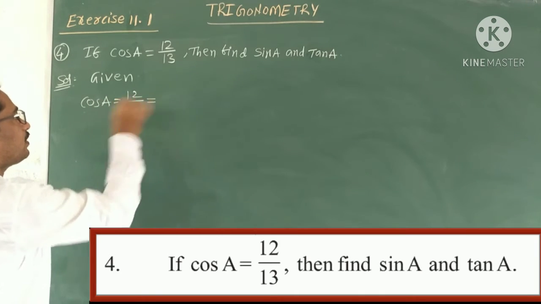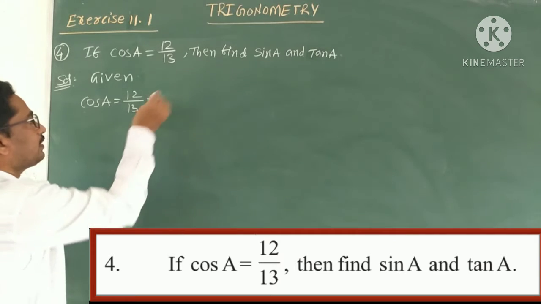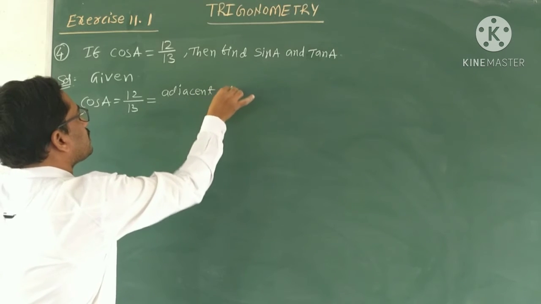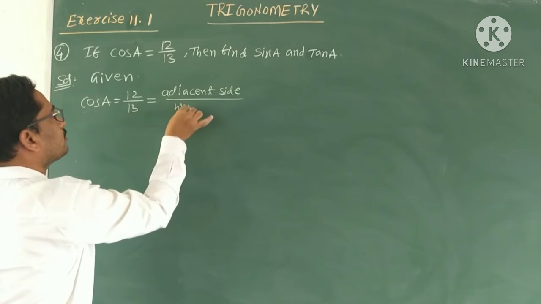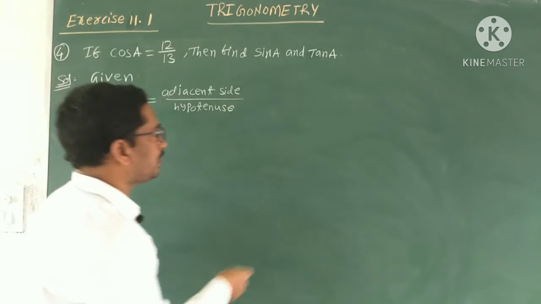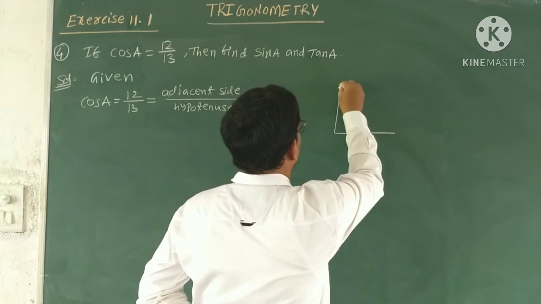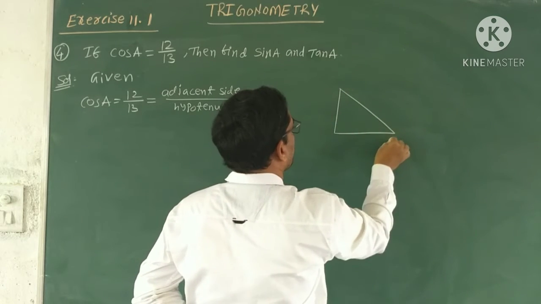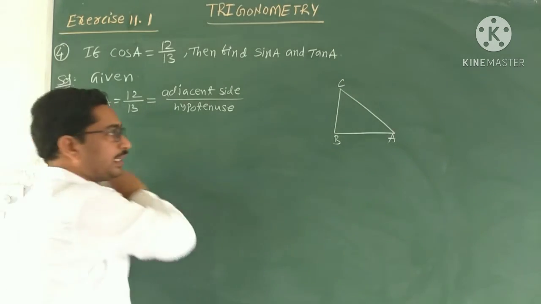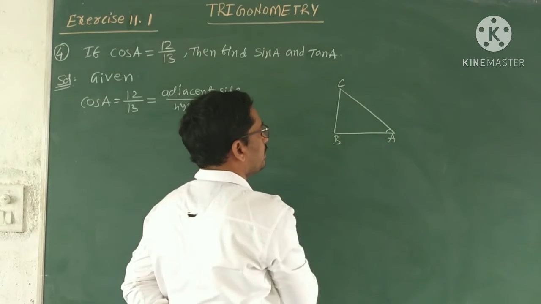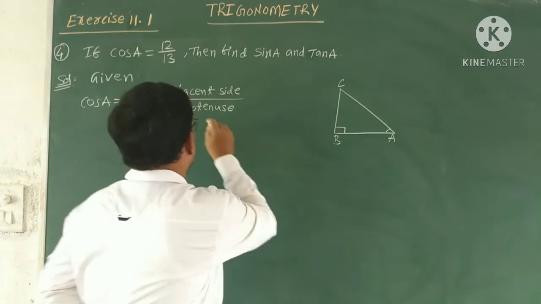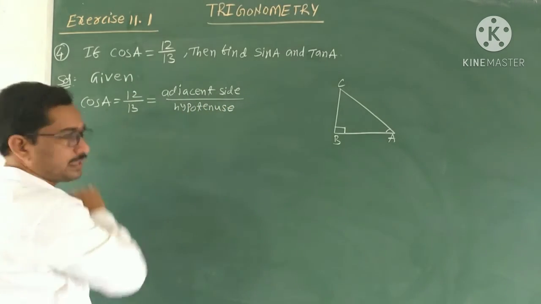So what is the formula of cos A? In general, the cos theta formula is adjacent side by hypotenuse. In right angle triangle ABC, with the right angle at B, 90 degrees, the adjacent side is 12 and the hypotenuse is 13.